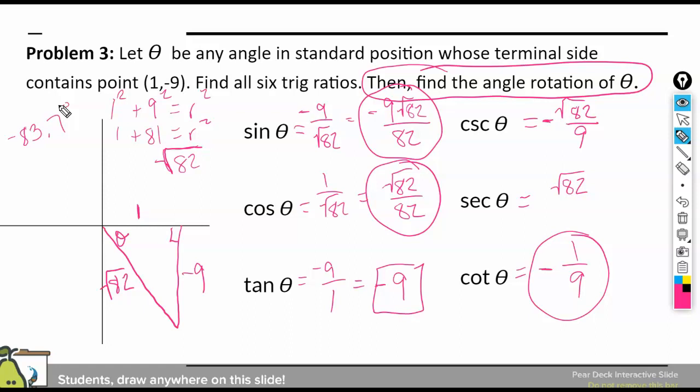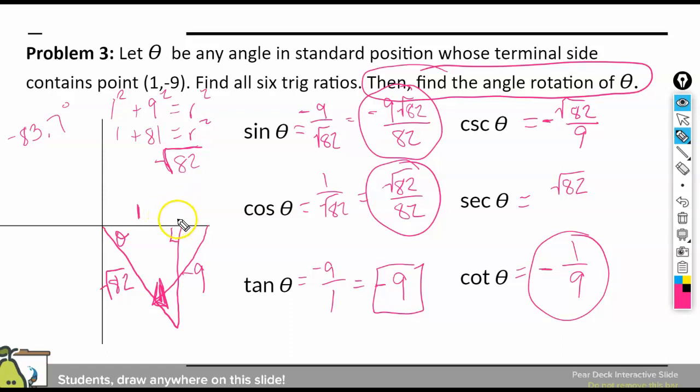And so -83.7 makes sense because that would be going this direction. It would still be shy of 90 degrees, so it's in the fourth quadrant. It's pretty far down here, which would make sense if this was 1 and -9. -83.7 seems like it would be in about the right position. But if it had asked me for some angle between 0 and 360, -83.7 wouldn't be it. It's a negative angle.